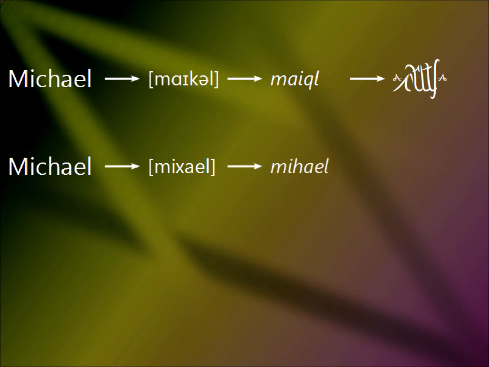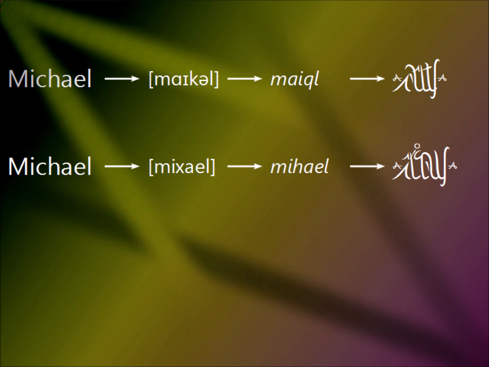Transcribed, we would get Michael, and therefore the name is transcribed like this. So even though we're talking about the same name, it still renders two different names in Ælis. Therefore, you should always keep in mind that the pronunciation is the defining factor in Ælis and not the original spelling.